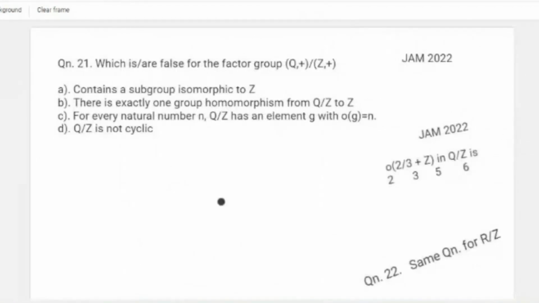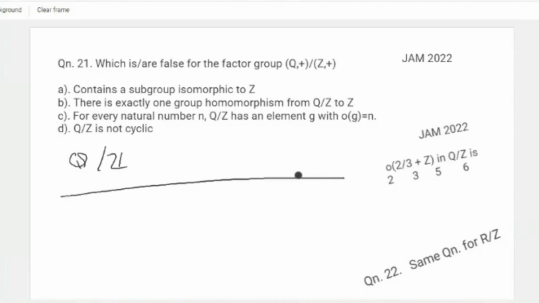This is the example that I mentioned in one of the previous questions. We have to look at the factor group Q over Z. If I give a pictorial representation, it will be this. The idea of factor group, I think all of you know, because we are identifying the elements of Z to a single element.